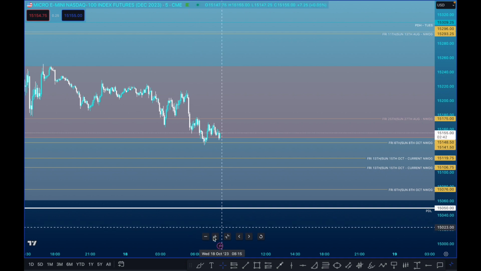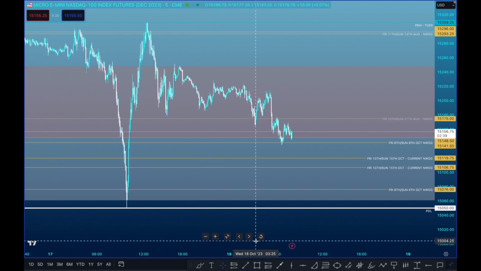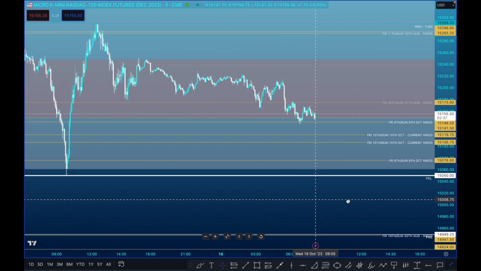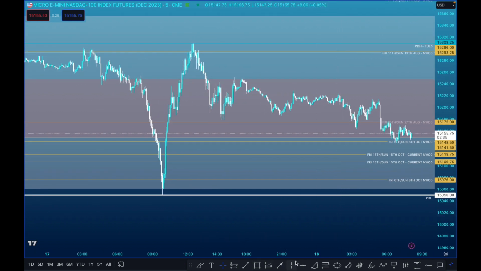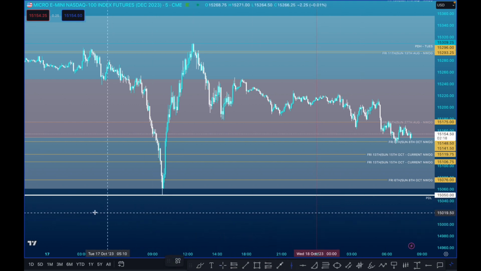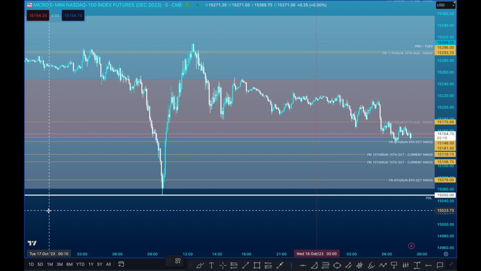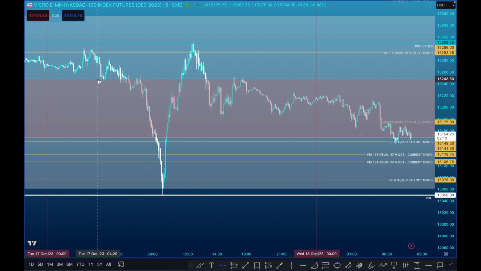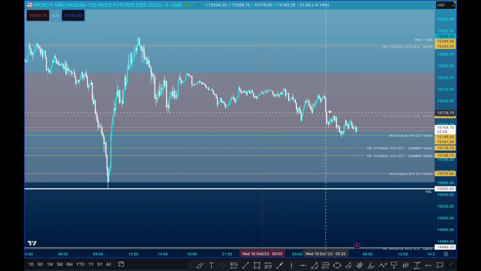Let's go into a 5-minute, and then we will take today's price at midnight, and then Tuesday's. So this is Tuesday's trading, all of this in here from this red line to this red line, and this is where we're currently at.